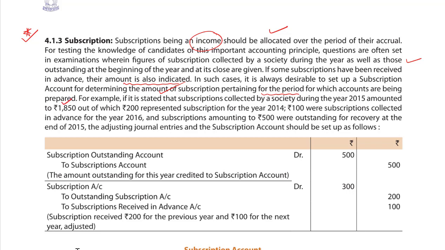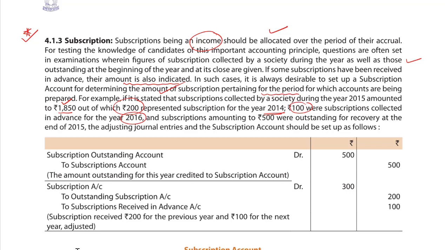Example: if it is stated that subscription collected by a society during 2015 amounted to 1850, out of which 200 represents subscription for the year 2014, that is the previous year, and 100 was subscription collected in advance for 2016. So for 2015, advance collected is 200 and for 2016 advance collected is 100, and for the previous year amount collected is 200.